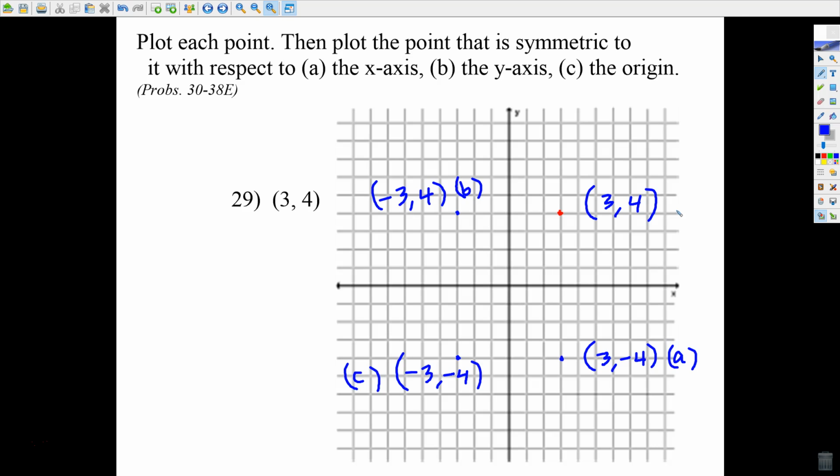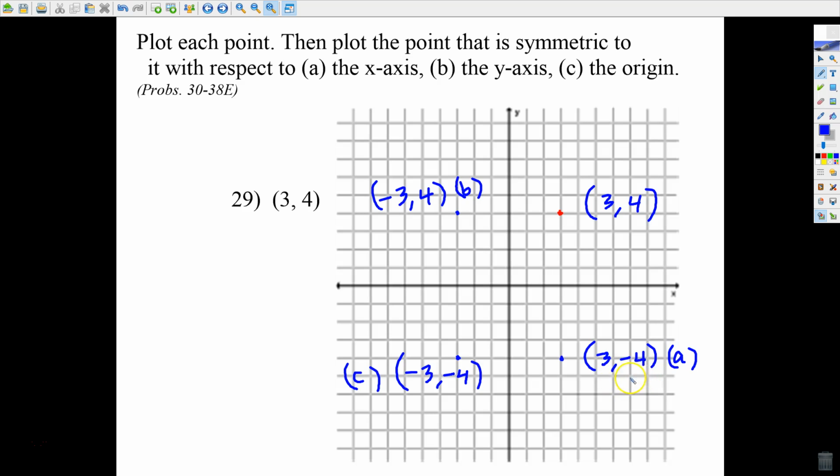Okay, that's true. We did make a rectangle, but that won't always happen. You'll see in my next example. Isn't it kind of interesting that when I took this original point and I created another point that represents x-axis symmetry, what changed?